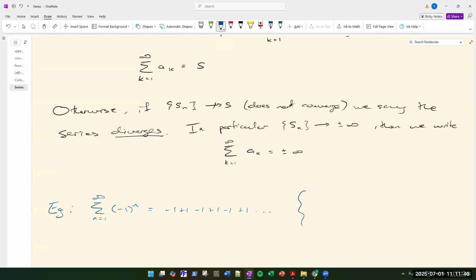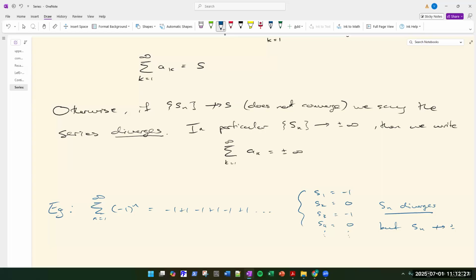From this, you could see that the sequence of partial sums S1 is minus 1, S2 is 0, S3 is minus 1, S4 is 0, and so on. So in this case, the sequence of partial sums diverges, because it's given by the sequence minus 1, 0, minus 1, 0, minus 1, 0. That sequence diverges, but it's not divergent to plus or minus infinity.